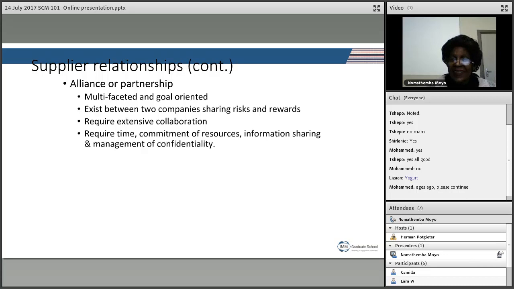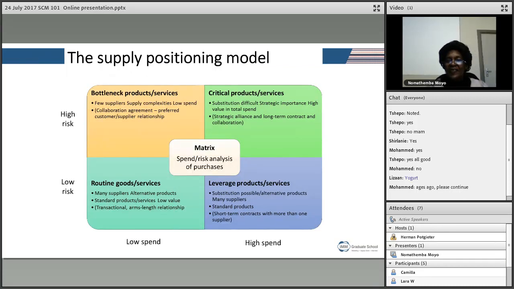They require extensive collaboration, time, commitment of resources, information sharing, and management of confidentiality. That is now when they are alliances. We talked about transactional, collaborative, and now we are saying they can be alliances or collaboration, where you are all sharing the same goals.